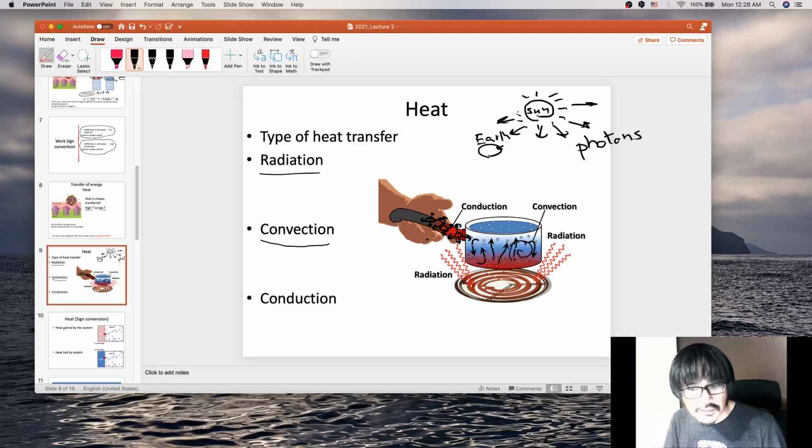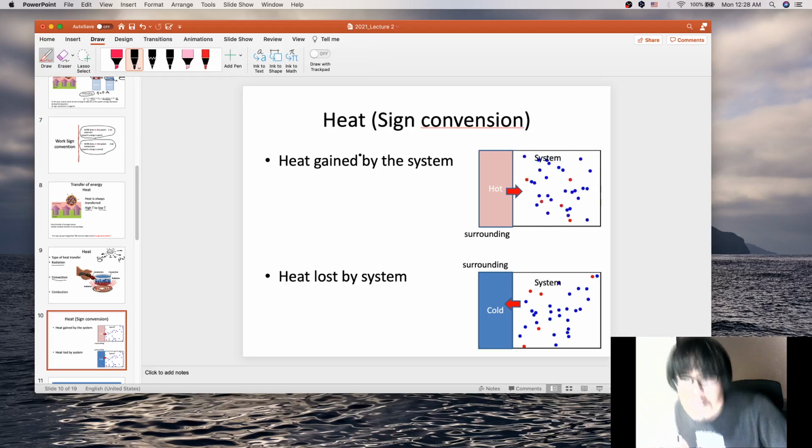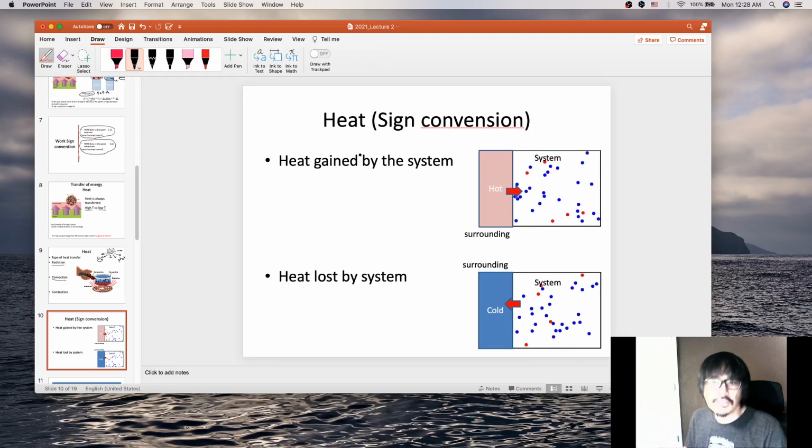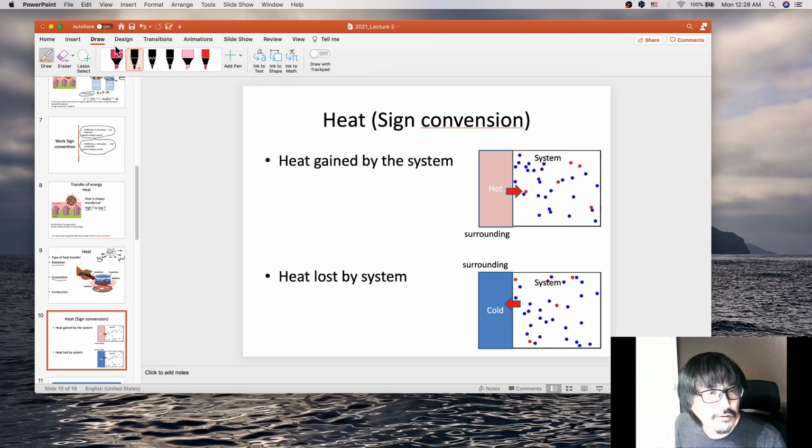And those are conductions. In conduction, on average, the molecule doesn't move, but it induces motion in the surroundings. Those are conductions. Conduction and convection are slightly different. So let's think about the sign conventions. That's wrong.